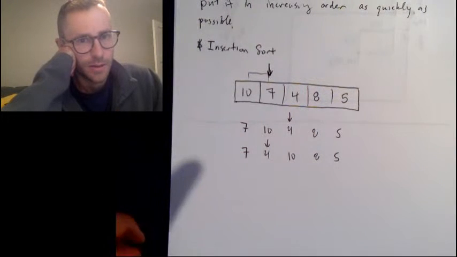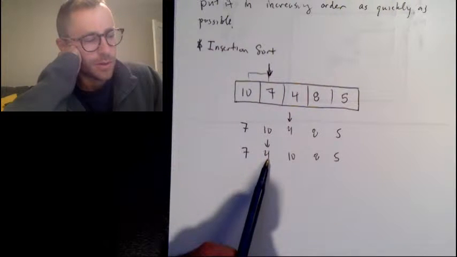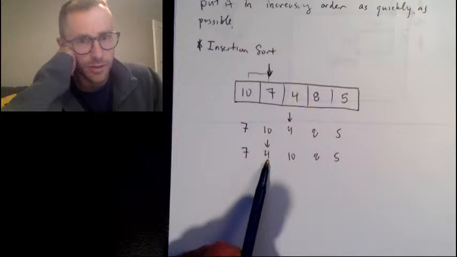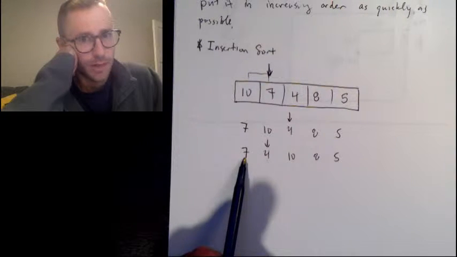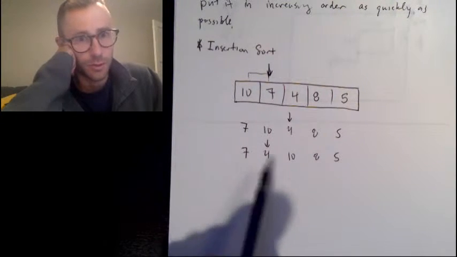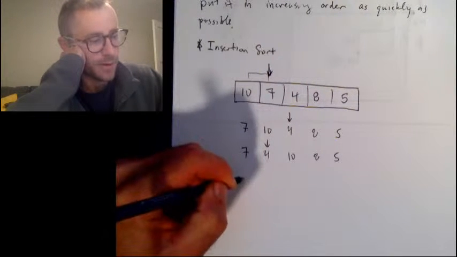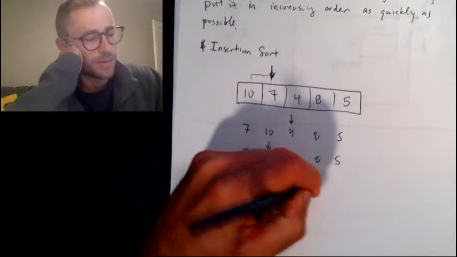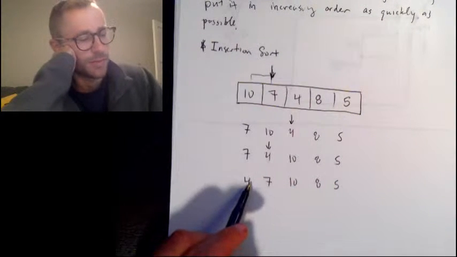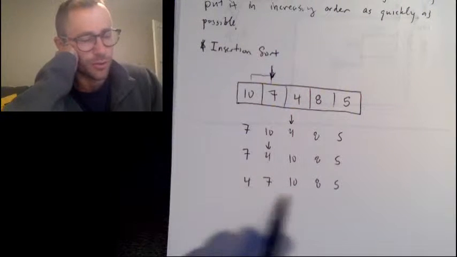Then I'm going to compare the 4 to the 7, and I can see that 4 is less than 7, so it should go in front of 7. So I swap it, and now it is at the front. Notice how the first 3 are sorted.